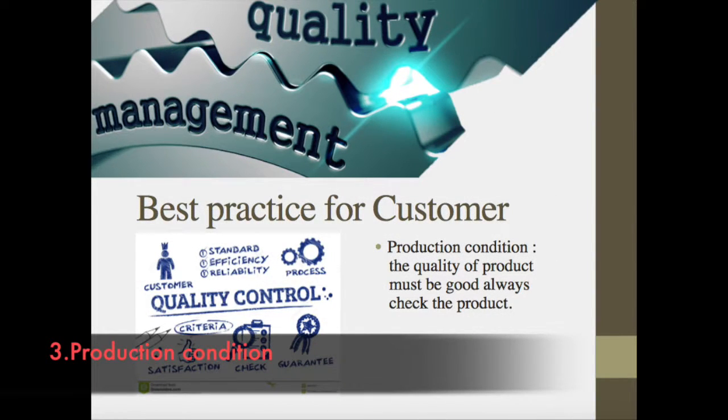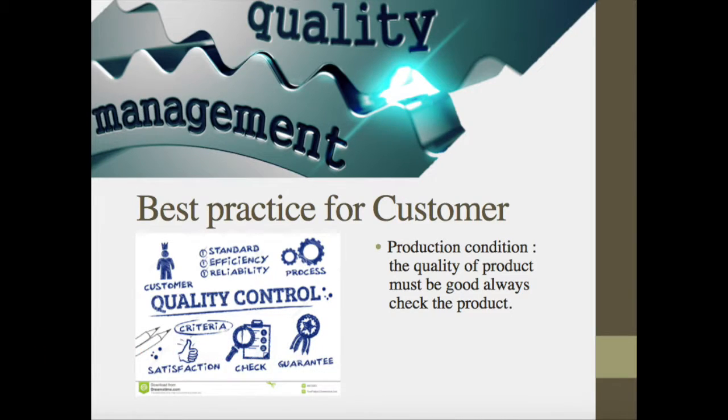So let's move ahead to the third topic, which is the production condition. The quality of the product must be good and we must always check the product. It means that our product has to meet our standard, and also our efficiency and reliability. You may see many companies have a quality control department or QA department, quality assurance.